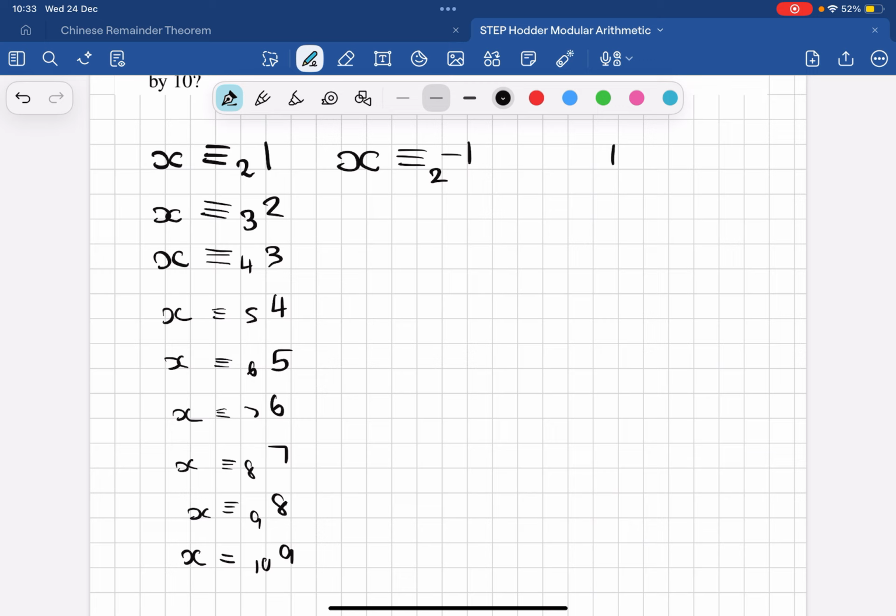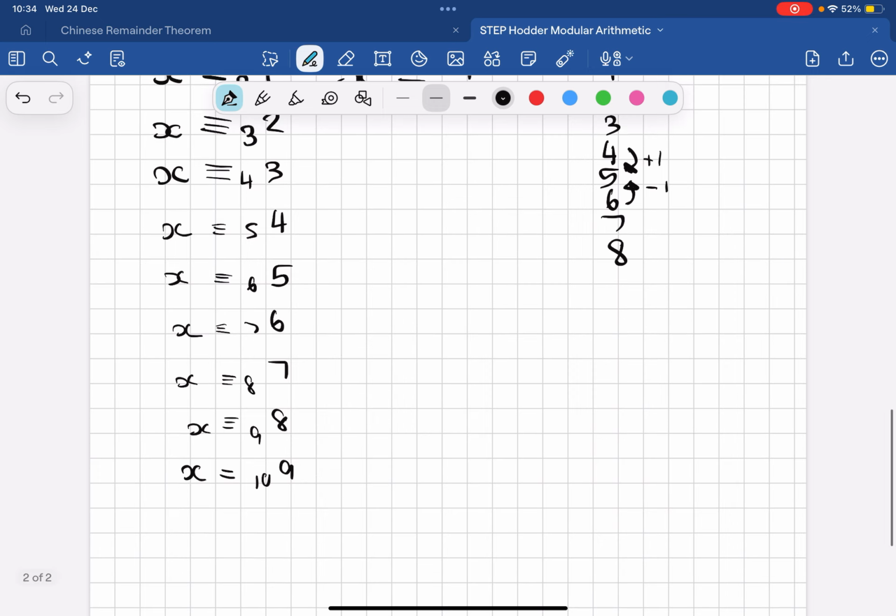We can see it like this. If we've got 1, 2, 3, 4, 5, 6, 7, 8, and we've got 5 mod 2, we can say that it's 1 greater than a multiple of 2. It's also 1 less.